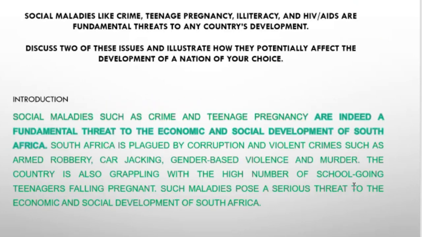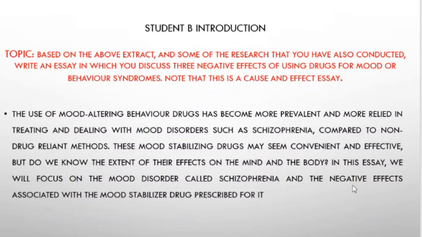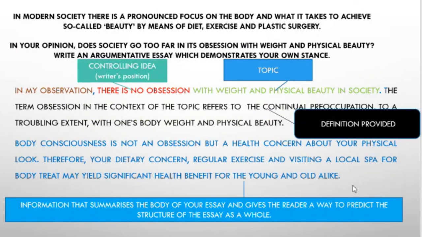But then working with this one here, we realize that the student has actually done that. What the student has done is to define the term obsession for us so that we know what the student means when they say obsession. He says the term obsession in the context of the topic refers to the continual preoccupation to a troubling extent with one's body weight and physical beauty.